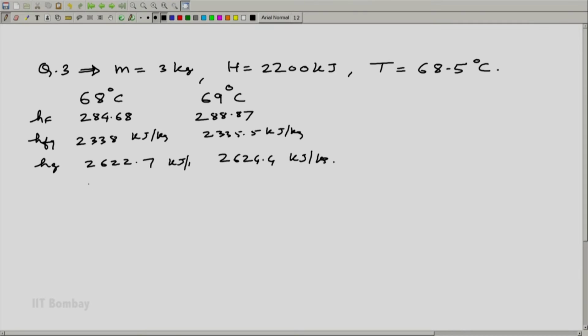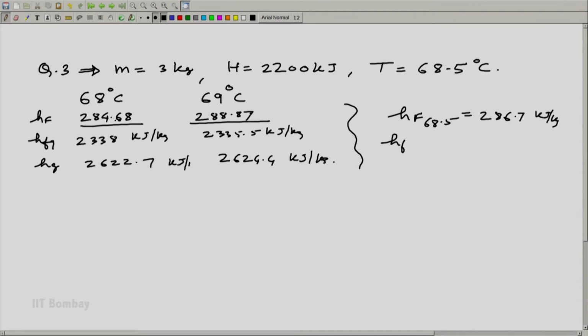By interpolating between this value and this value, I will get the values at 68.5. HF at 68.5 is equal to 286.7 kilojoule per kg.